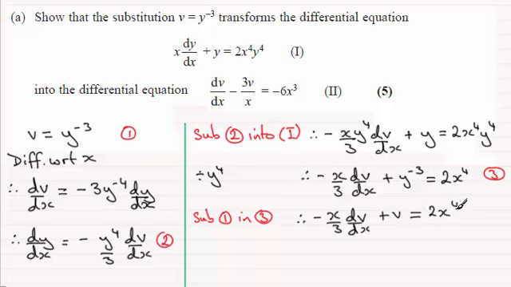I'm sure you could have got down there much quicker than what I've just done. Now clearly all I need to do now is just get rid of minus x over 3. So if we were to multiply through by 3 and divide through by negative x, then we therefore have what we needed to prove. That is dv by dx minus 3v over x equals minus 6x cubed. Okay?